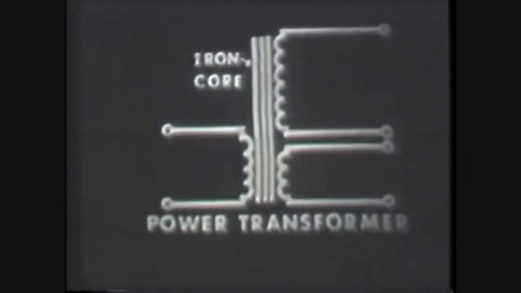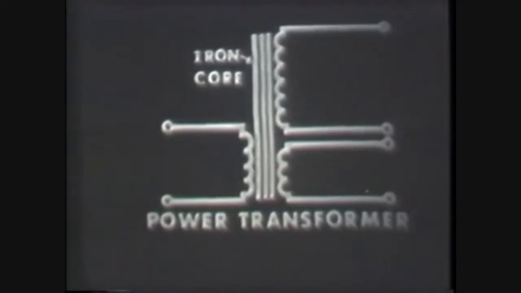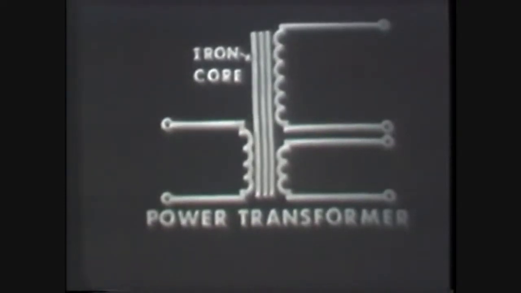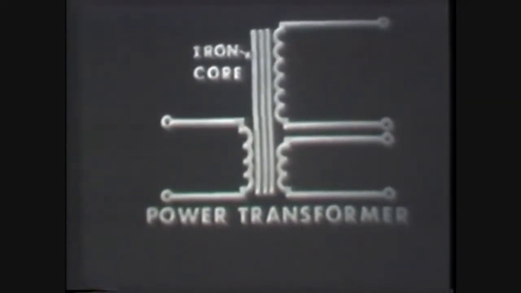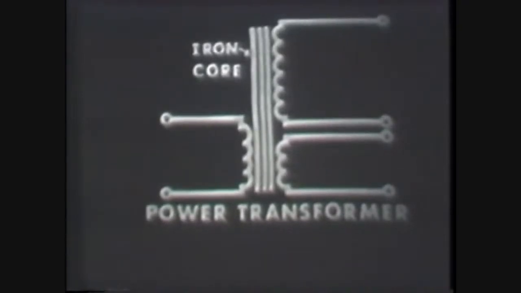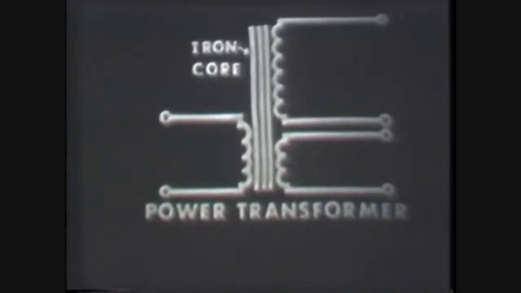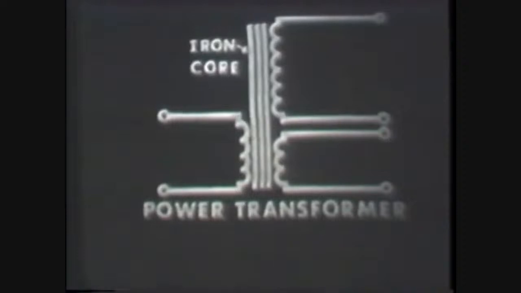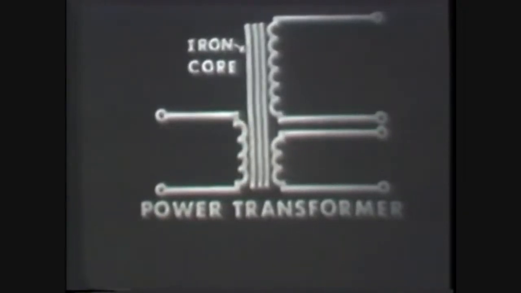Now, quite frequently, and especially when dealing with schematics, you'll have to recognize a type of transformer by its schematic symbol. The schematic symbol for the power transformer can usually be identified by there being more than one secondary winding. In this case, there are two secondaries. However, other power transformers may have a different number.